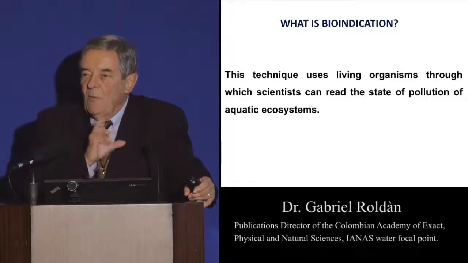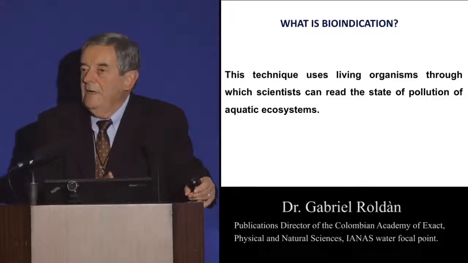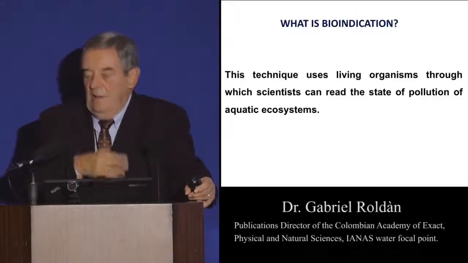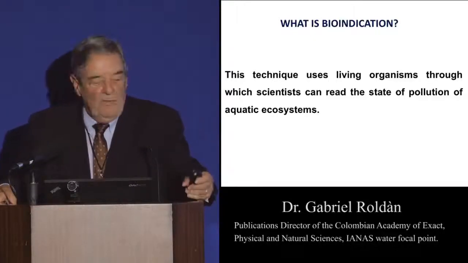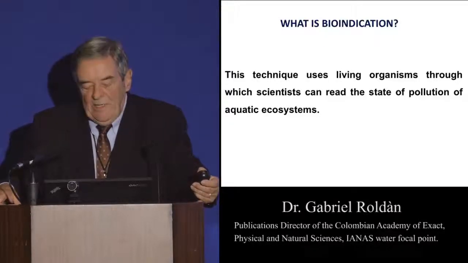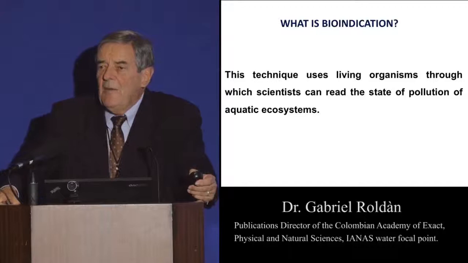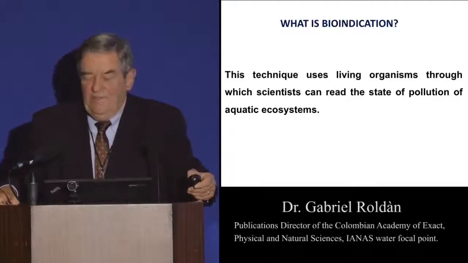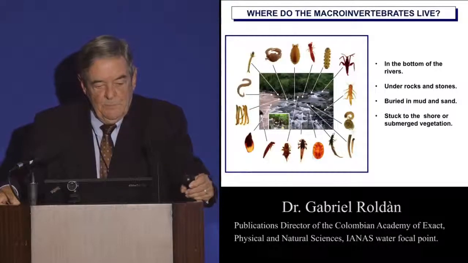Only in clear water live some specific organisms, and in worse water live other organisms. So this is why bioindicators. We can tell about the same thing in different ecosystems.